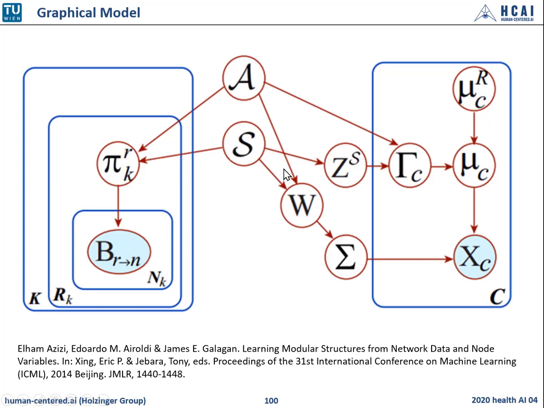The assignments of nodes to modules A and parents of modules S represent modular dependency structures, from which we observe node variables x_c in each condition c, and network data B_RN between a parent R and a node N. And this means the node variables x_NC are determined from parent means μ_RC with mixing coefficients γ determined based on parent split point Z. Okay, so this is a very nice paper in the International Conference on Machine Learning, ICML.